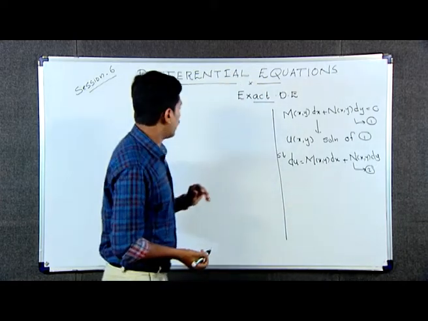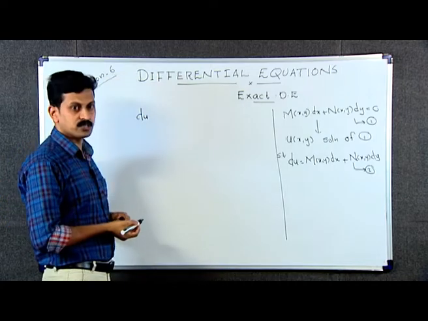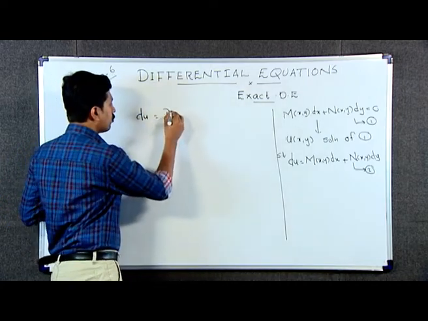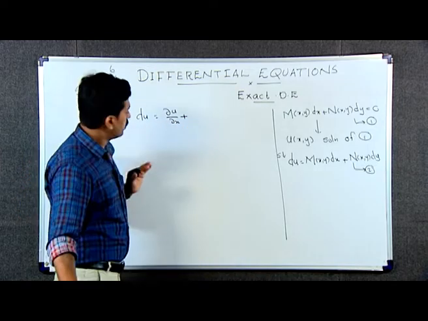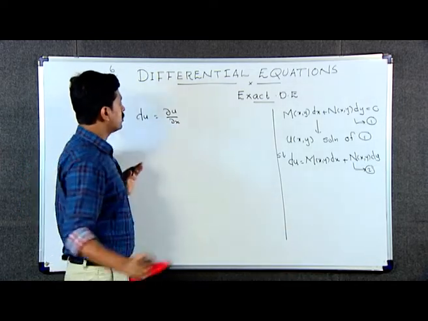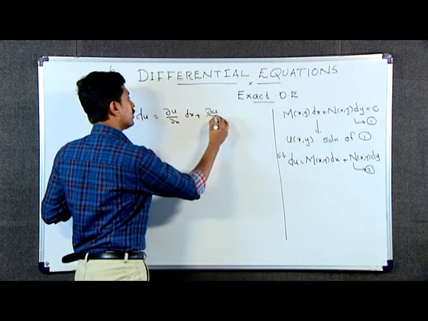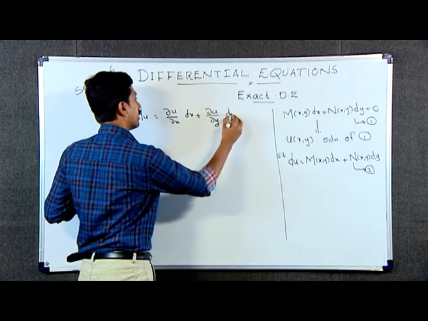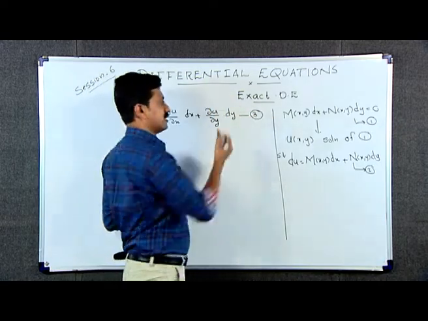See, by the concept of total derivative, we can say that du is equal to dou u by dou x dx plus dou u by dou y dy. I am taking this as equation number 3.